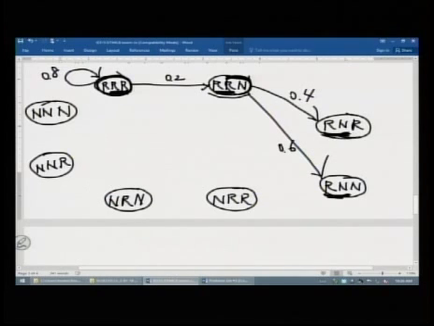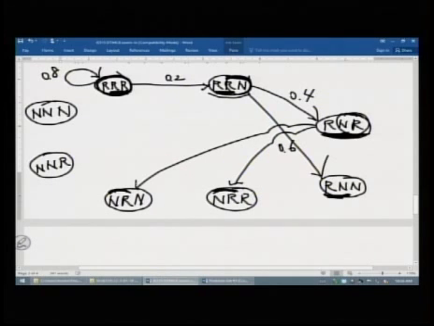Now we're going to start from here. So we're going to match these two letters, no rain and rain. If you look at this, the first 2 letters, we have no rain and rain. Also we have down here, no rain and rain, which means we're going to have this transition occurs and this transition occurs.